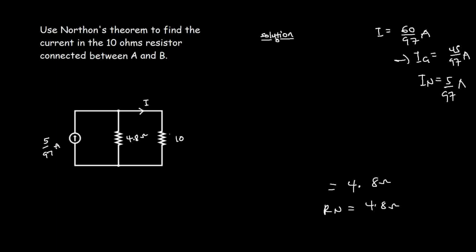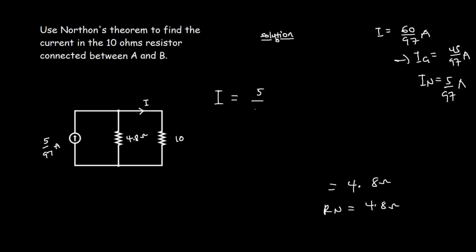Okay, so let's look at that. So you know the total current, that's the source current here. So you're going to use the current division rule here to find the current flowing through the 10 ohms resistor. So which will be current I. So you have this current I here, the current I, which is the current flowing through the 10 ohms resistor, to be equal to the total current, which is Norton's current.